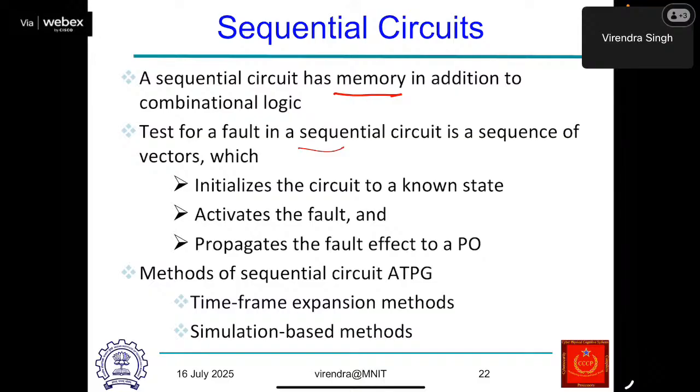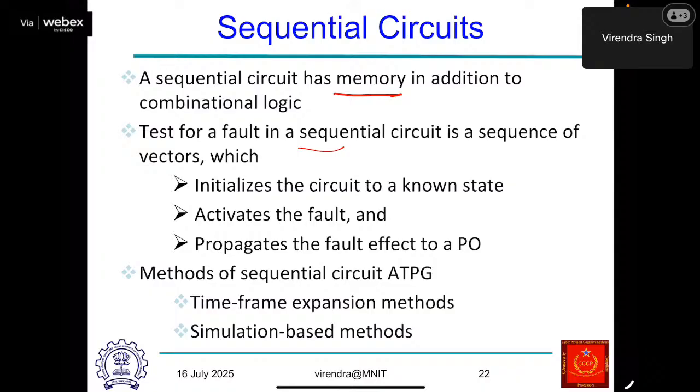If I'm going beyond that limit, it is likely that there is no test vector for that particular fault, and then I don't need to work on that. But you can only speculate, because you never know. Say I put a limit of 5,000. If it exceeds that, you drop the fault. But you don't know, even on the 5,001st attempt you may get the test vector.